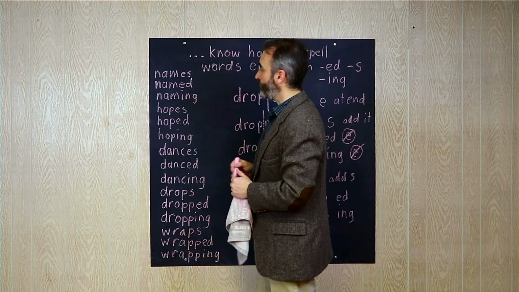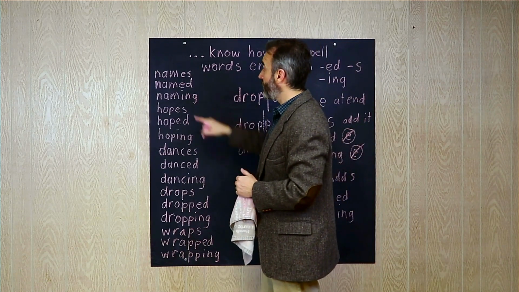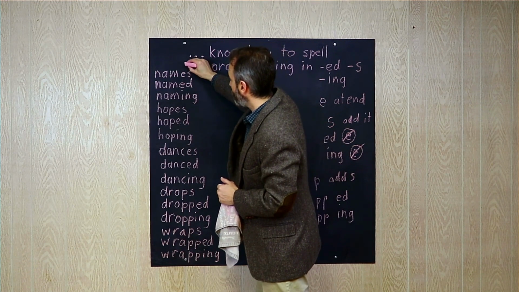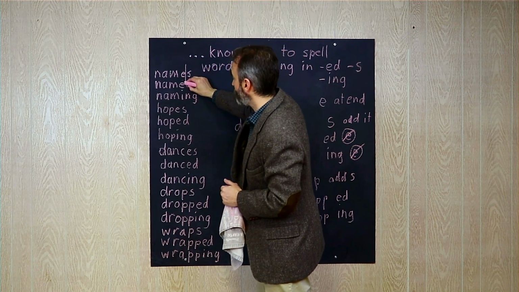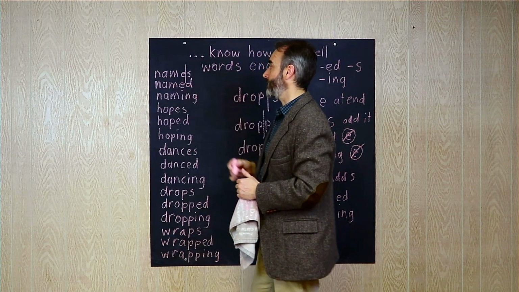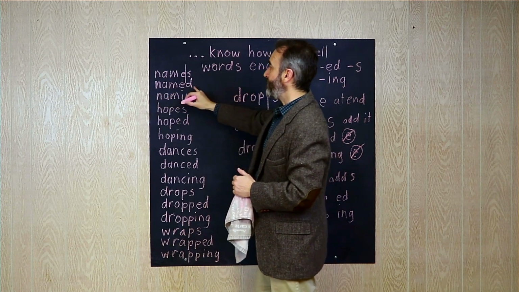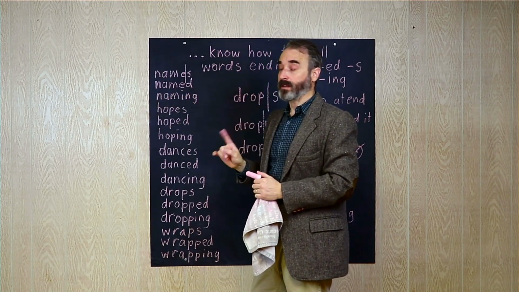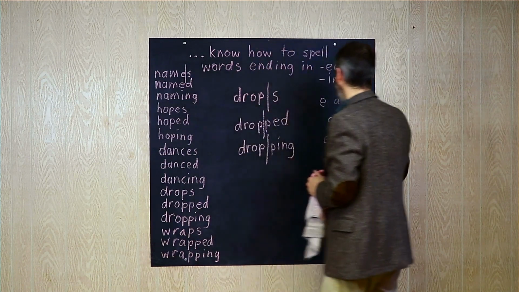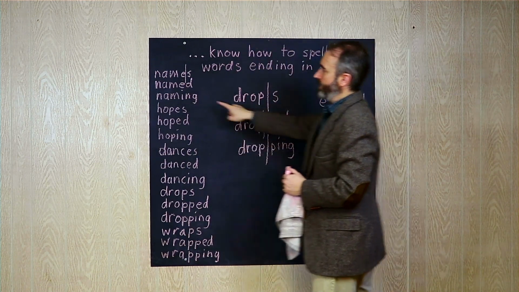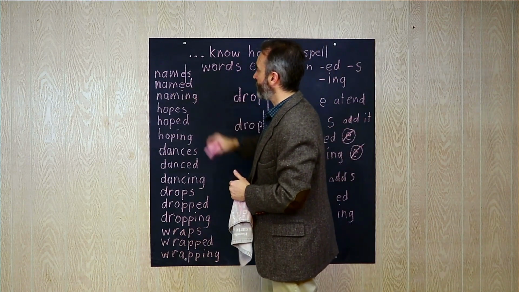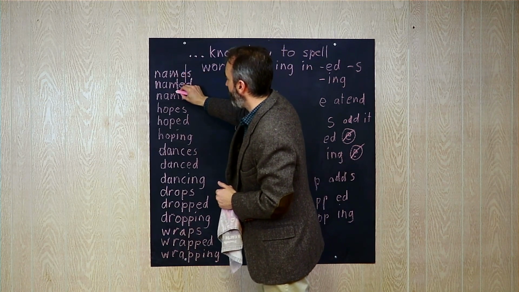So I'll do a few for you so that you can get the idea. Names, we draw a line between the e and the s because you spell name N-A-M-E. Named, we got rid of the e because when we have an ed, we get rid of it. So name, we draw a line between nam and ed.